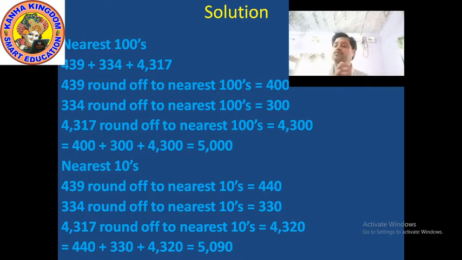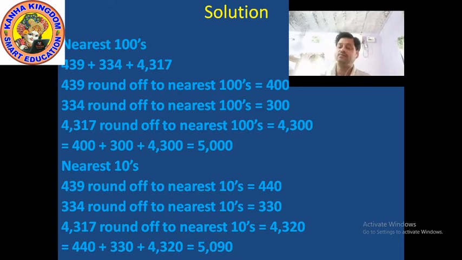When converting to the nearest 100, you always check the tens digit, and two rules apply.